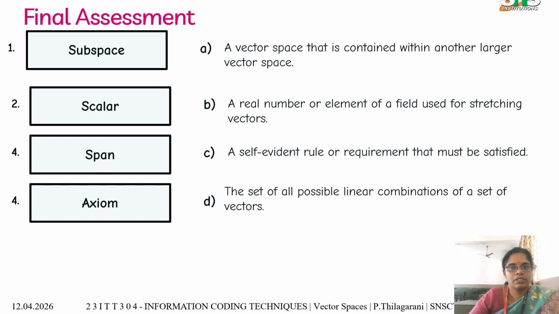The final assessment: a vector space that is contained within another larger vector space is a subspace. A real number, an element of a field used for stretching vectors, is a scalar. The set of all possible linear combinations of a set of vectors is the span. A self-evident rule or requirement that must be satisfied is an axiom.